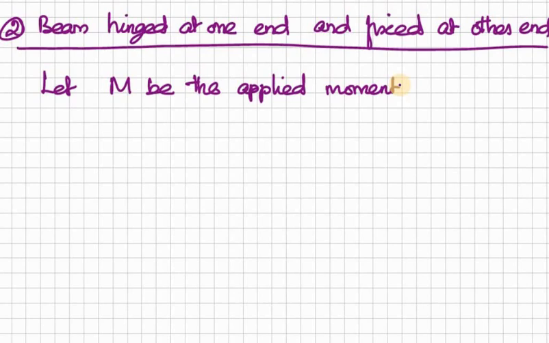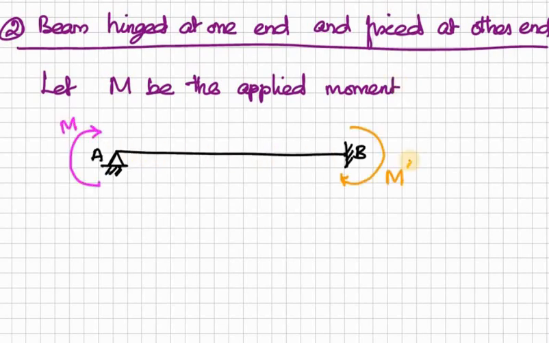So we call the applied moment M, and the induced moment at the fixed end is M dash. Support A is hinged, where we apply moment M, and the far end B is fixed, in which M dash moment is induced.